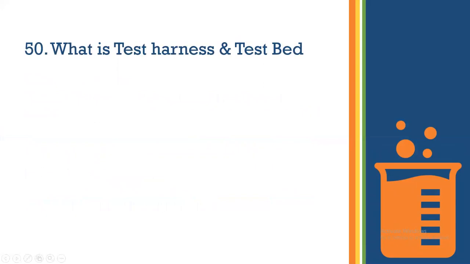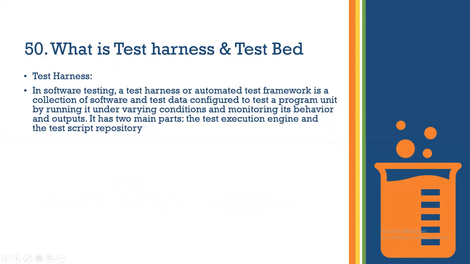Next, what is test harness? Test harness and test bed. Generally, this harness is related to automation testing. In software testing, a test harness or automated test framework is a collection of software and test data configured to test a program unit by running it under varying conditions and monitoring its behavior and outputs.